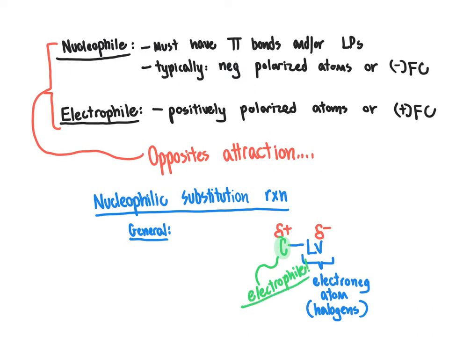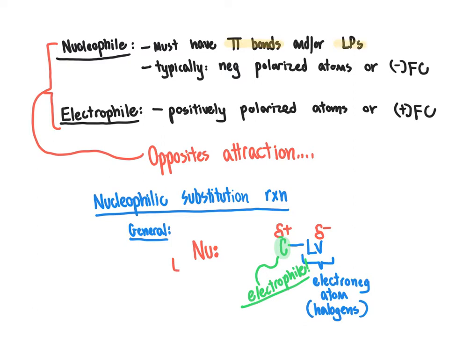And we said that electrophiles and nucleophiles are drawn to one another. So if we have in that reaction mixture a good nucleophile, which I'm just going to abbreviate as Nu with two dots, those dots represent that the nucleophile typically has to have a pi bond or a lone pair. We're using a lone pair here.